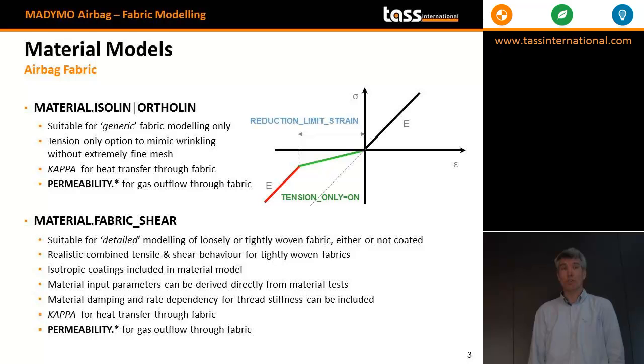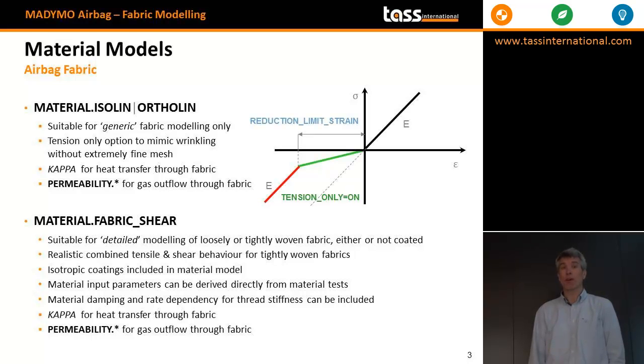Speaking about permeability, also for the isolin and ortholin, permeability can be defined. One of the drawbacks of isolin and ortholin is that the shear modulus is generally too high, and due to that the shear is not described properly. We will give some examples of that in the following slides. This wrinkling or shear effect, as I said, is well captured in fabric shear.